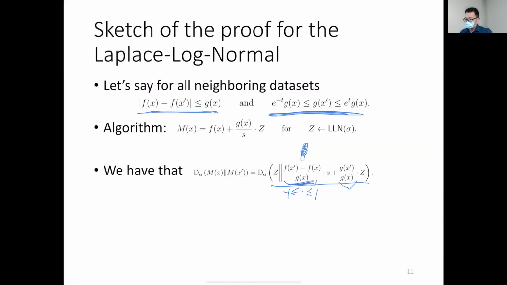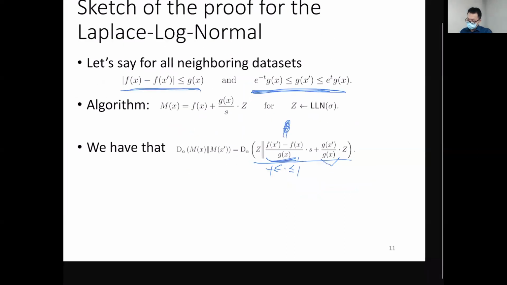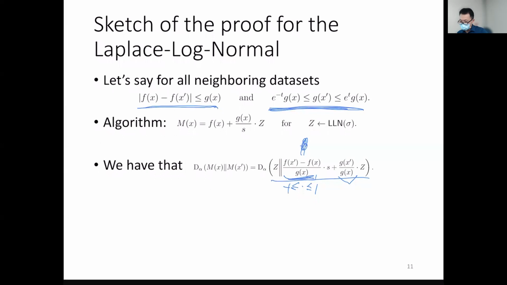Moreover, for this g(x') over g(x), by the fact that the smooth sensitivity is smooth, this shows that g(x') is sandwiched between e to the power of t and e to the power of -t times g applied to its neighbor, right? So we know that this quantity is bounded from above and below by e to the power of t and e to the power of -t.